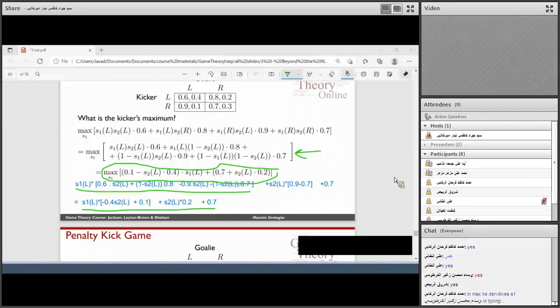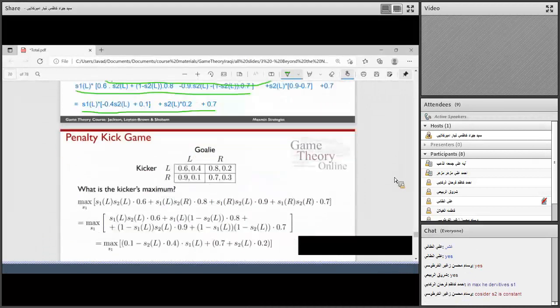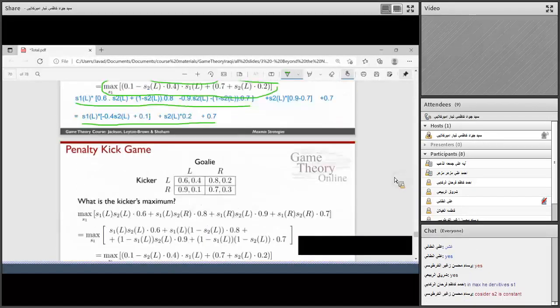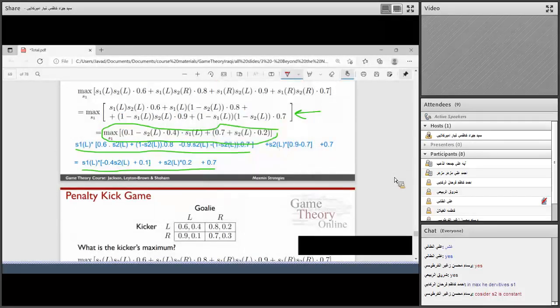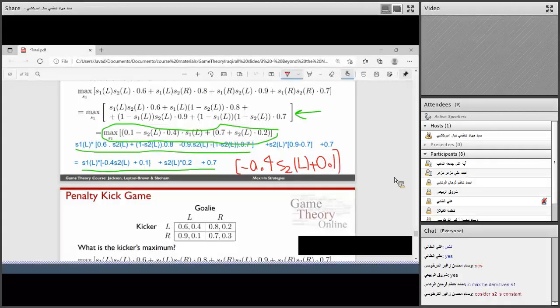So we're going to take the derivative with respect to S1 of L. The derivative would be the coefficient of S1 of L, which is minus 0.4 S2 of L plus 0.1. And that's going to be equal to 0.